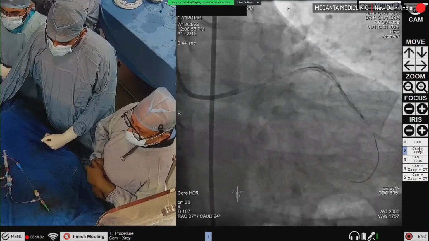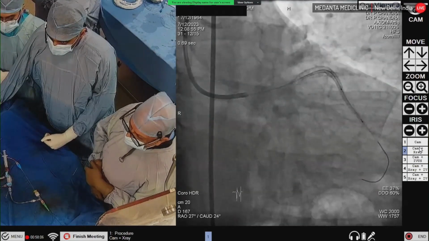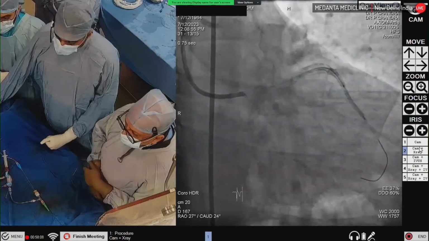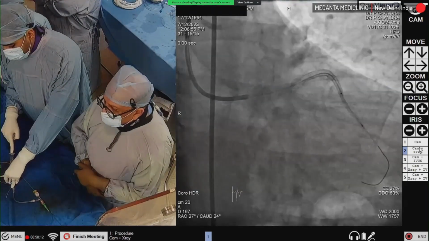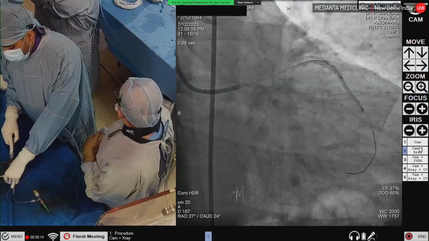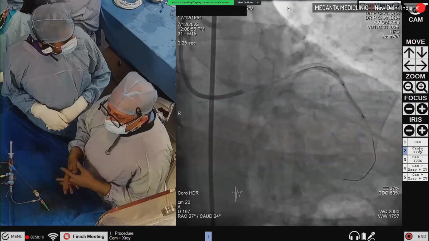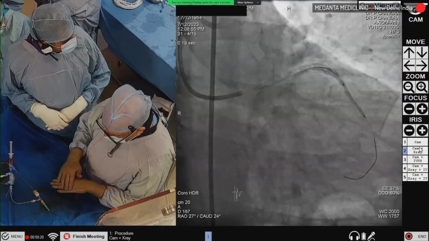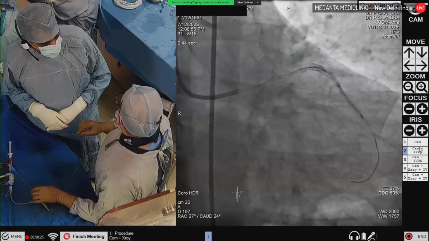So his age is 59 now. First angioplasty was done at the age of 49. Two minutes inflation. Are there any questions?